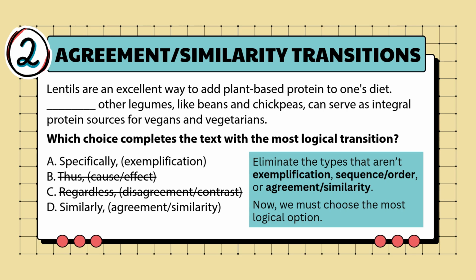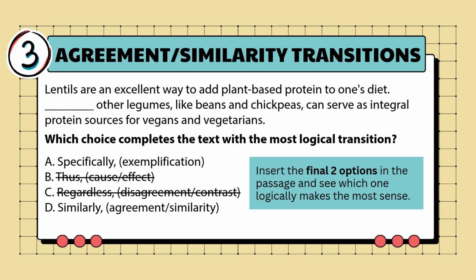I want to keep specifically because it is an exemplification transition type, and that is one of the three tested on this exam. I also want to keep similarly because it is one of the common agreement similarity transitions, along with words like again, also, correspondingly, equally, and likewise. Now we must choose the most logical option.